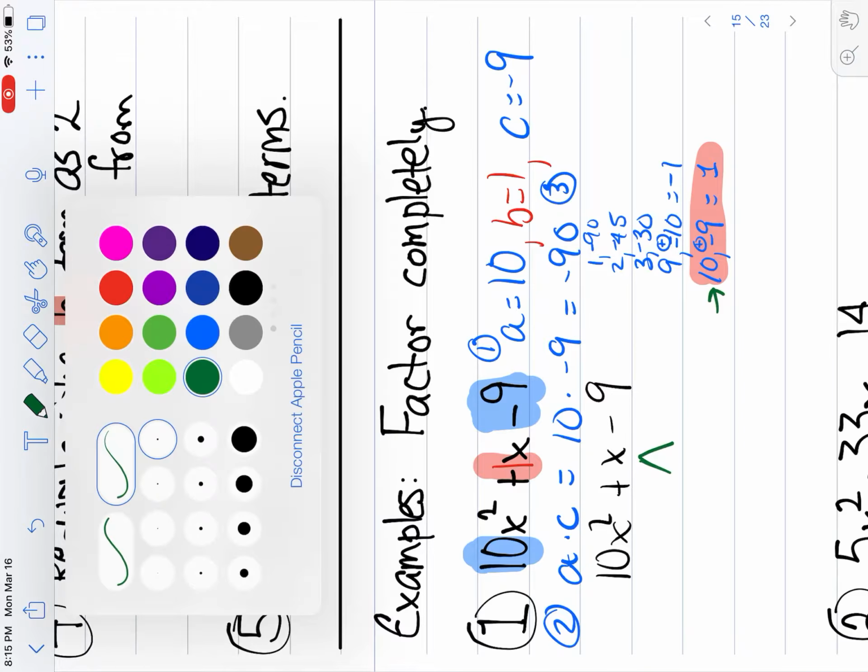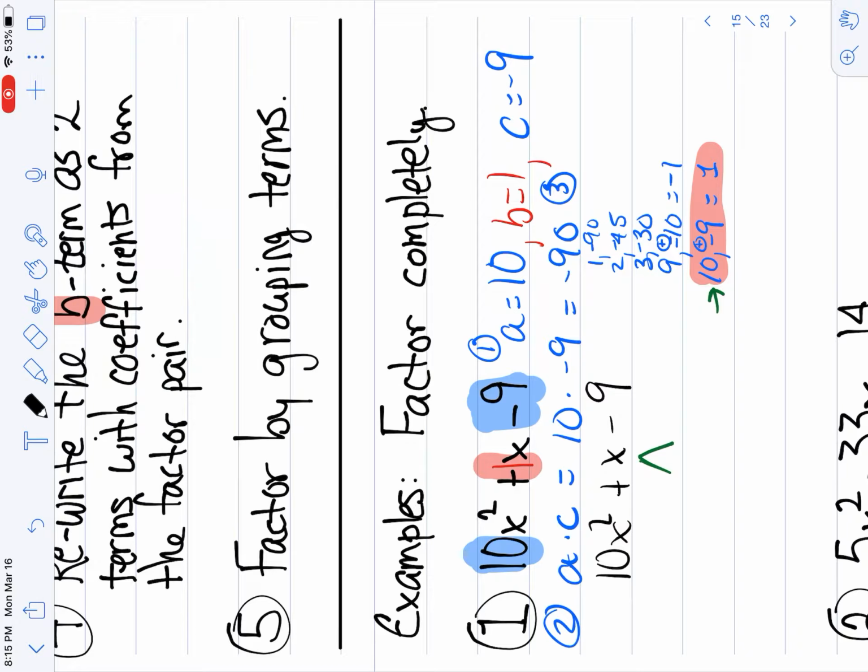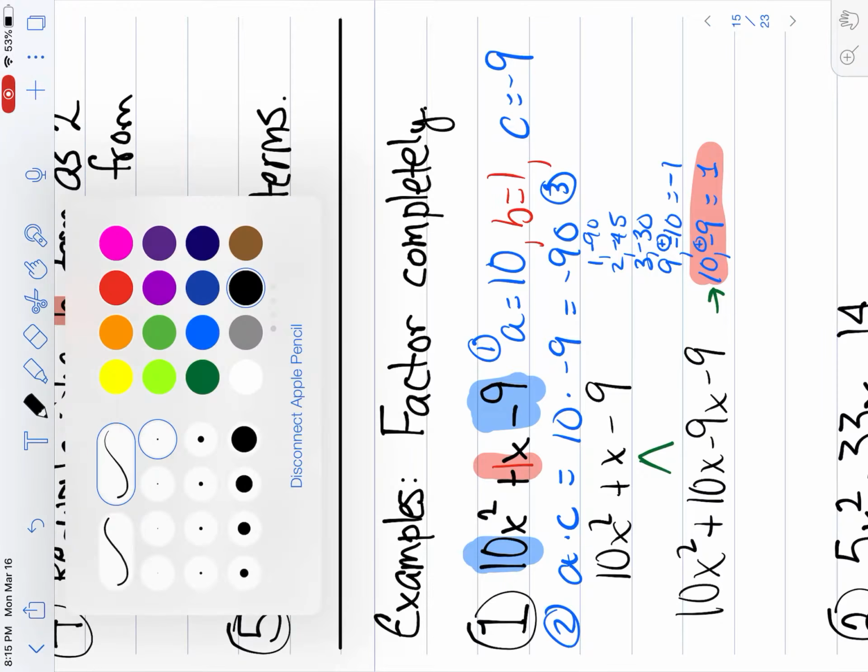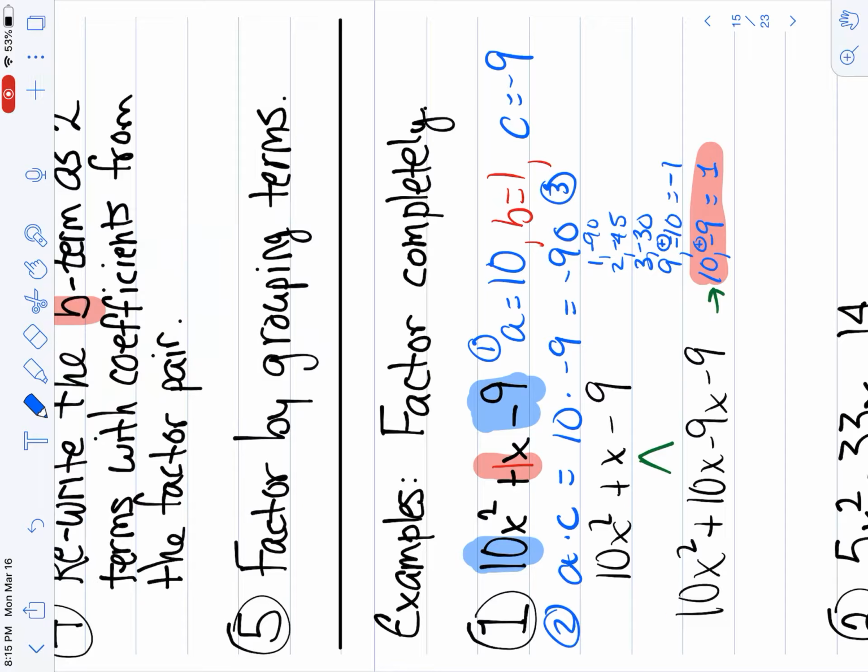So I'm going to rewrite this as 10x squared plus 10x minus 9x minus 9. Okay, so that's step 4 of the process right here.